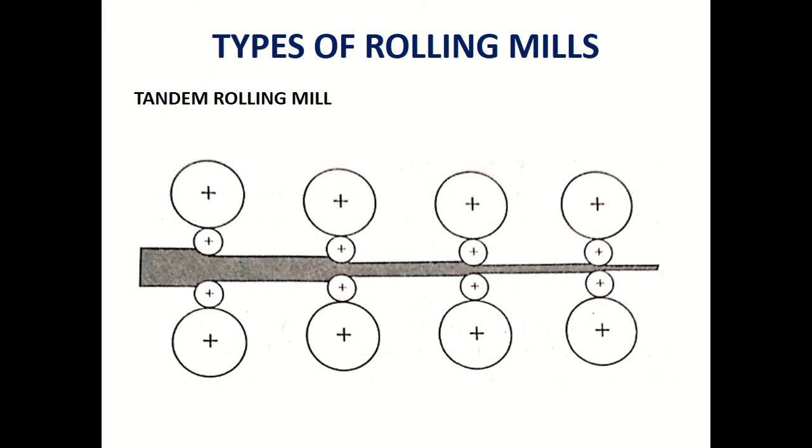So for mass production, a set of two or three stands of rollers are placed in series, as in this schematic diagram, such that a continuous reduction in thickness is possible in a single stage without stopping the rolling process. So that's called a tandem rolling mill.